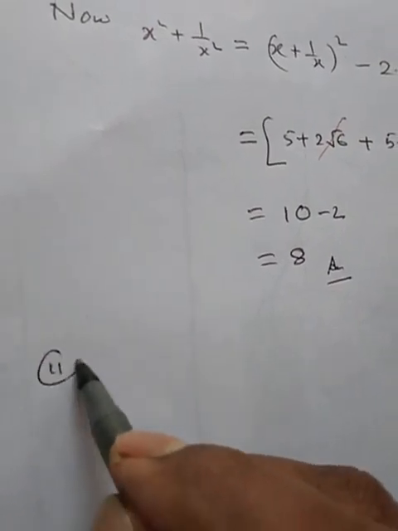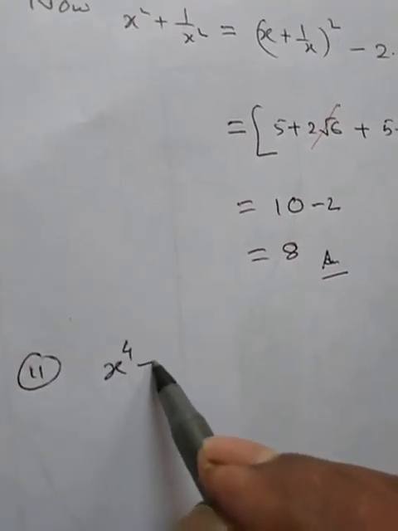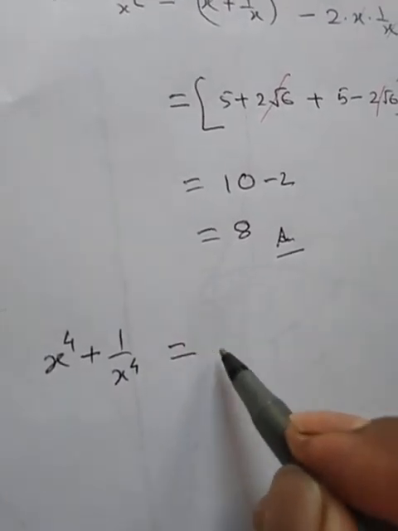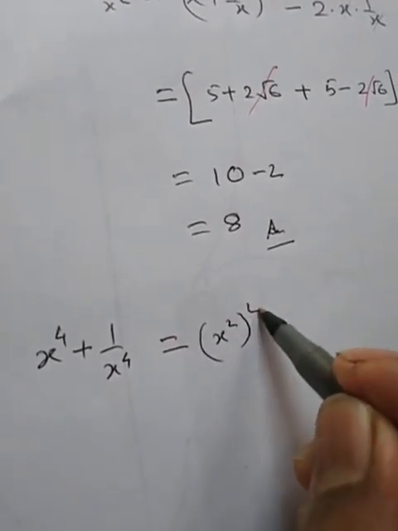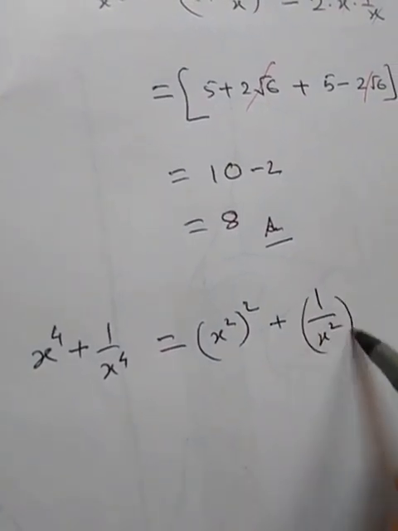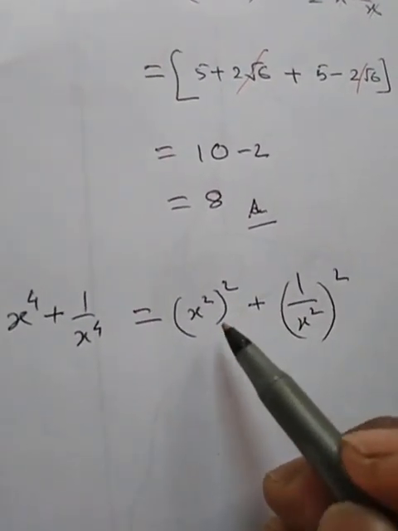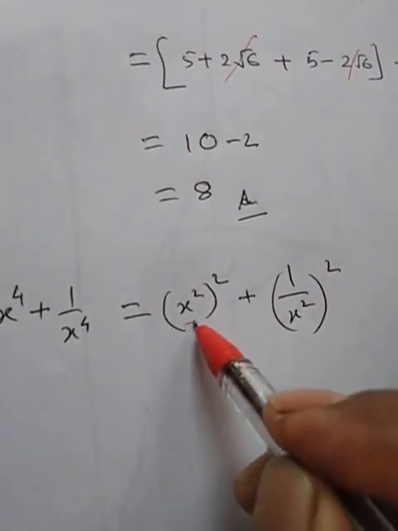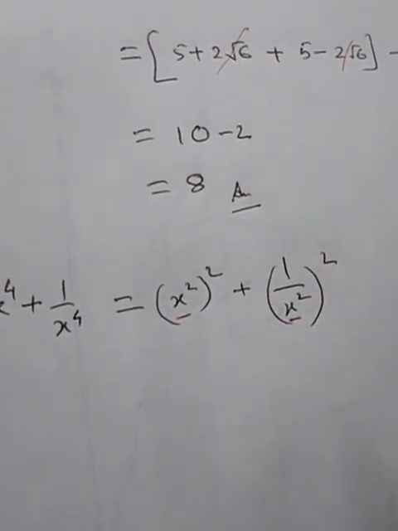Your second number is x to the power 4 plus 1 by x to the power 4. This you can write as (x square) whole square plus (1 by x square) whole square. So now this will be your a and this will be your b.